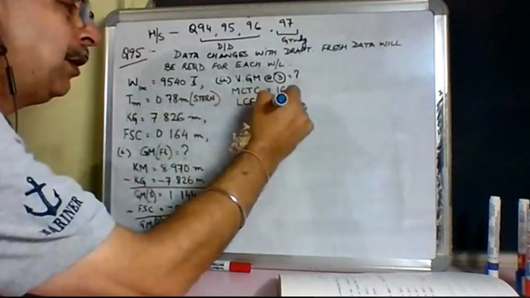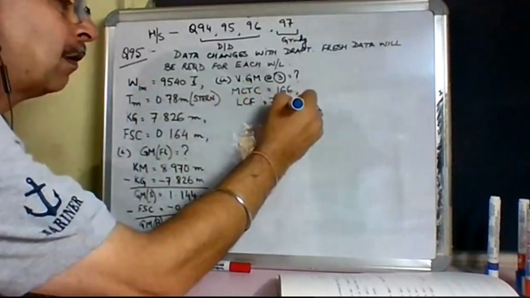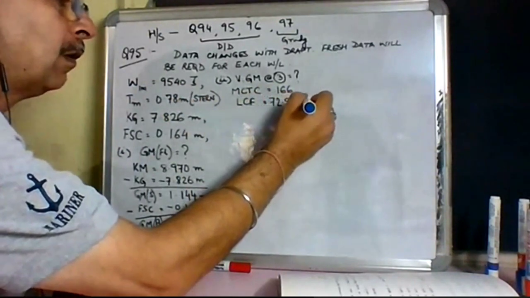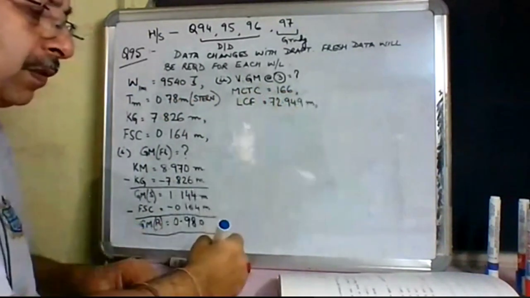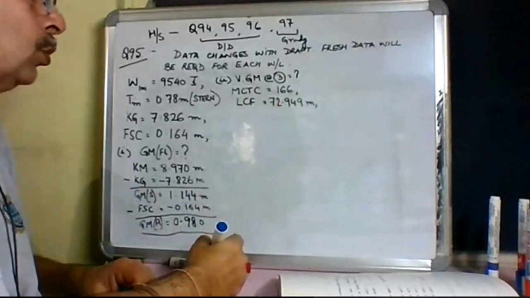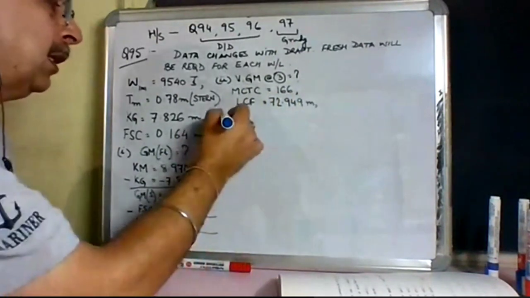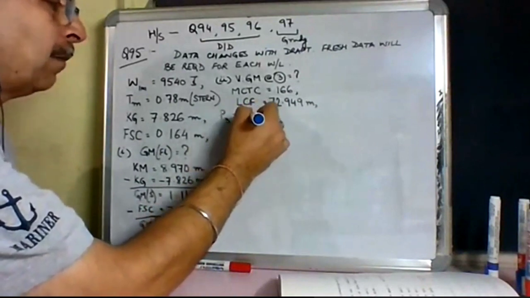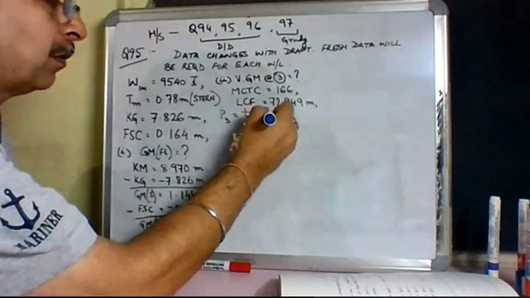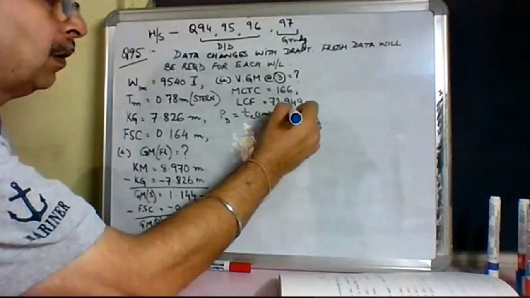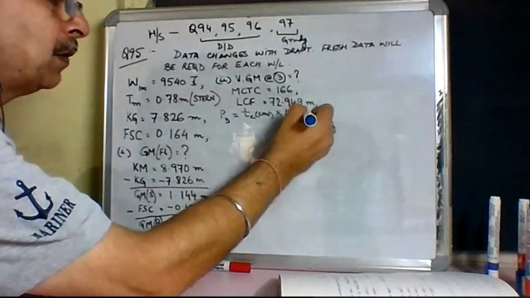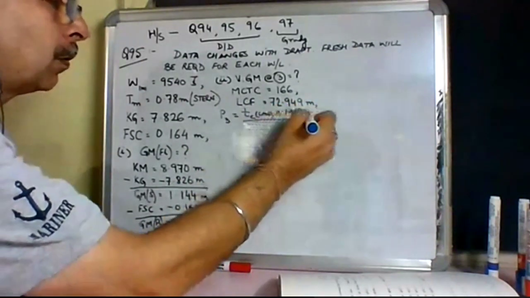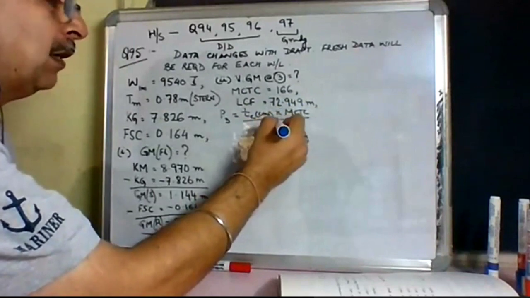LCF comes as 72.949 meters. So having got the initial data, I write my formula for P3, TC into MCTC upon LCF.